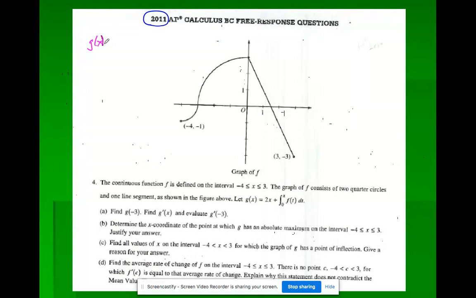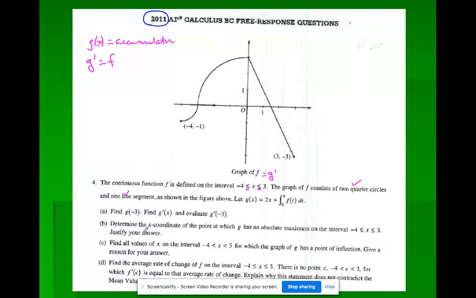So by the first fundamental theorem, g prime is equal to the graph I'm looking at, which is the graph of f. They are telling me that I am looking between -4 and 3, including the endpoints. They're also telling me I have 2 quarter circles and 1 line segment.